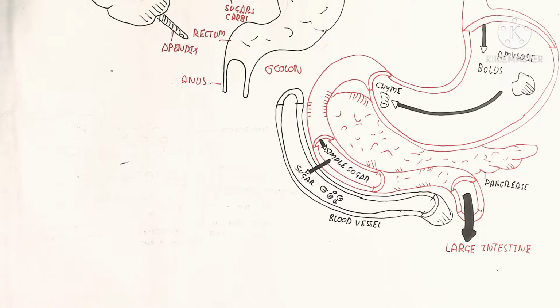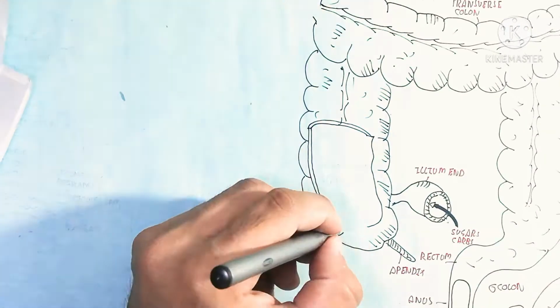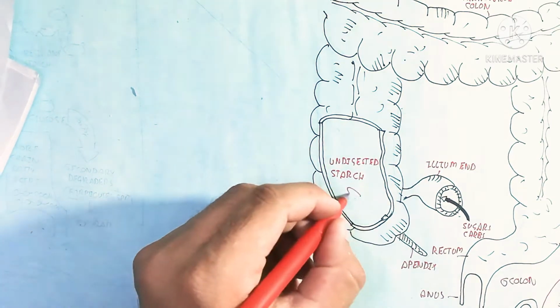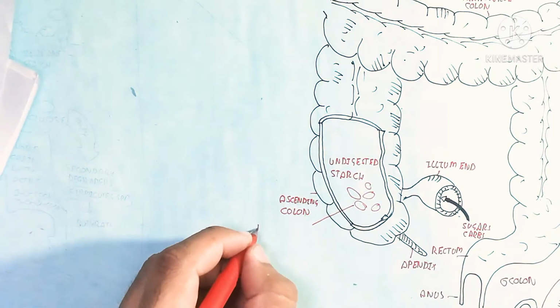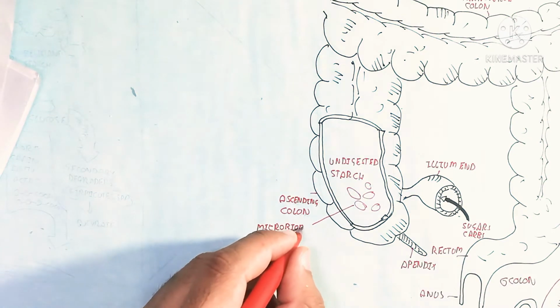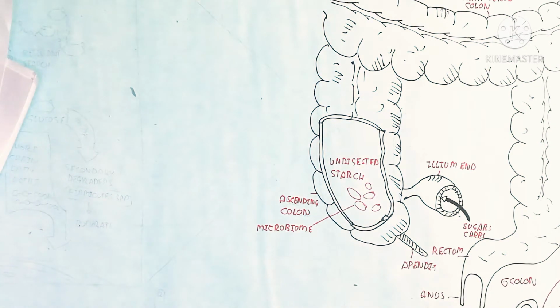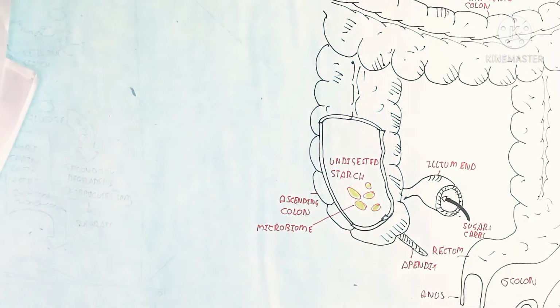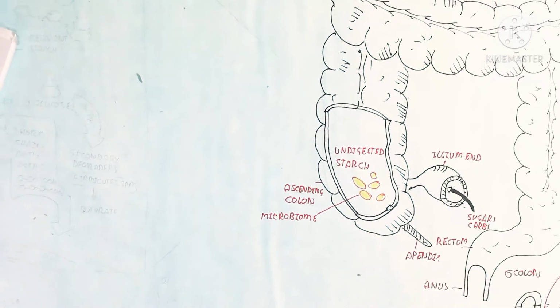However, the waste carbohydrate, which is undigestible in our small intestine, goes into the large intestine. So what will happen in the large intestine, we will discuss here.